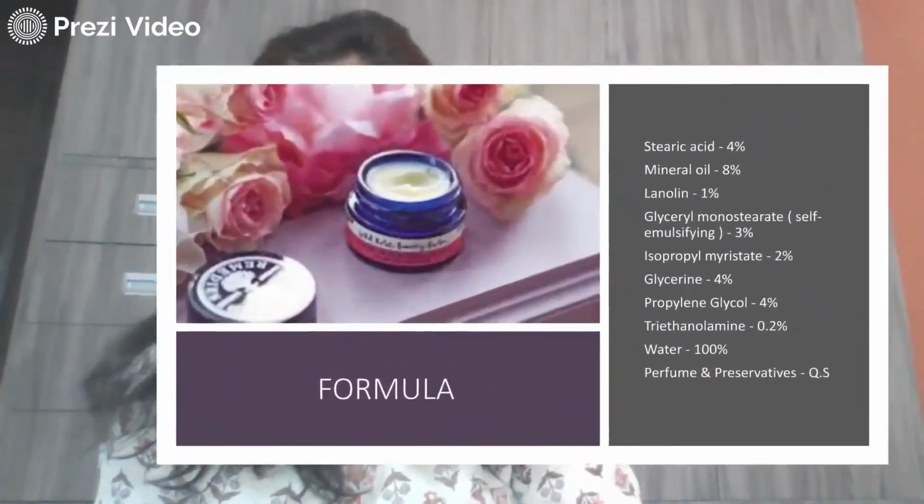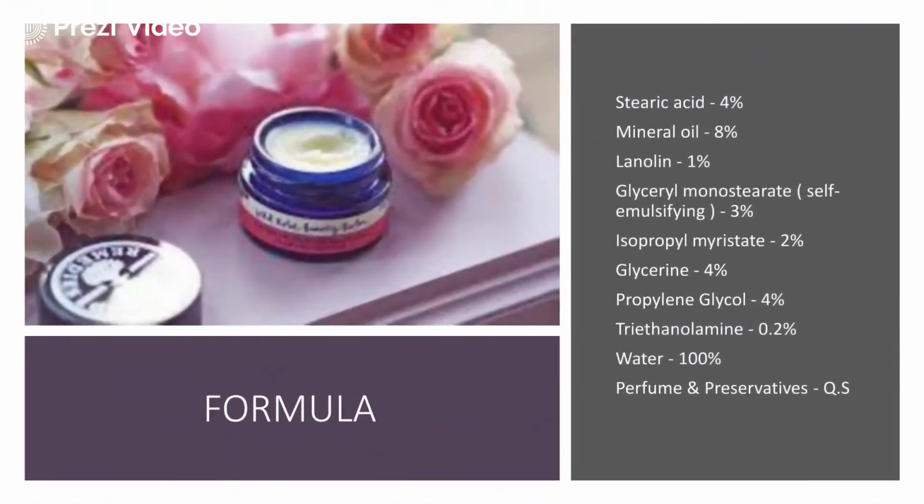When we talk about the formula of the moisturizing cream, this is a typical formula: stearic acid, mineral oil, lanolin, glyceryl monostearate, isopropyl myristate, glycerine, propylene glycol, triethanolamine, water, perfumes and preservatives. You can see again there are 2 phases, oily phase and aqueous phase.